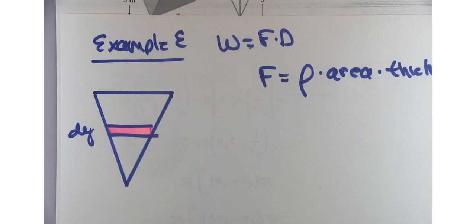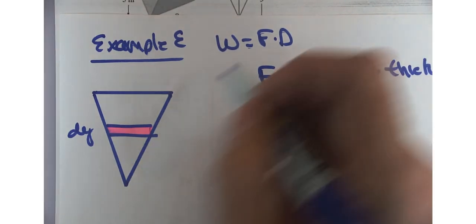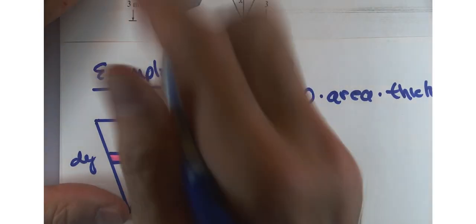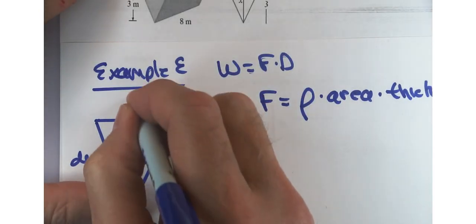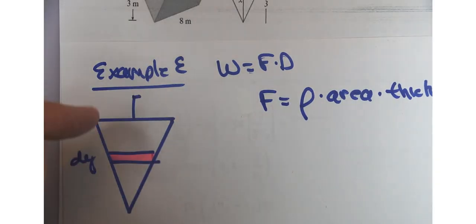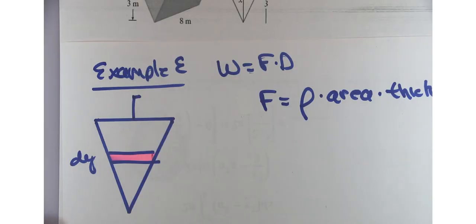Now the area. I haven't really tried to give you a 3D perspective here. You've got a nice 3D perspective over here. And we're going to pump that out 2 meters above our tank. There's something wrong here.